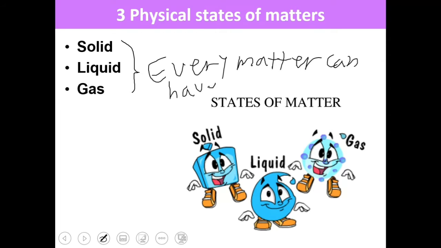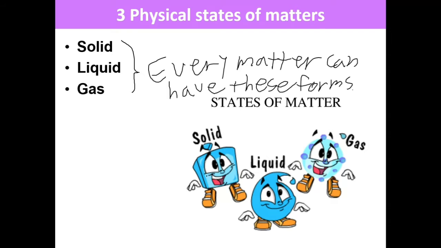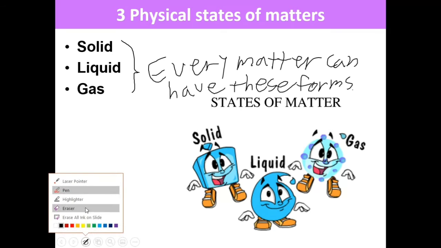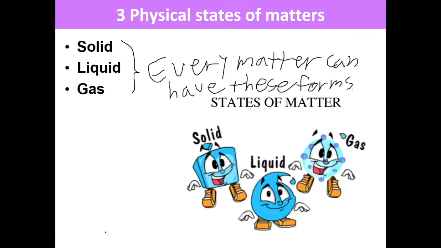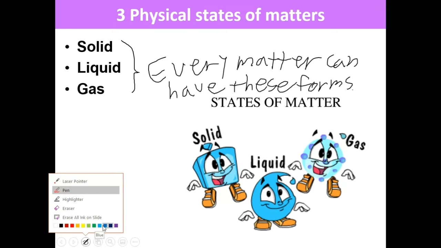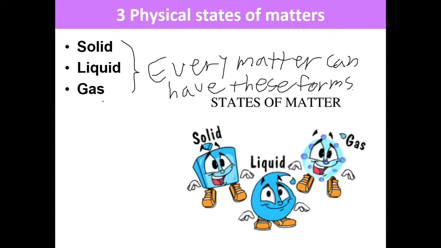Every matter can have these forms. For example, we have water. The solid form of water is obviously known as, I'm going to change the color into blue, ice. Ice is known as H2O solid.